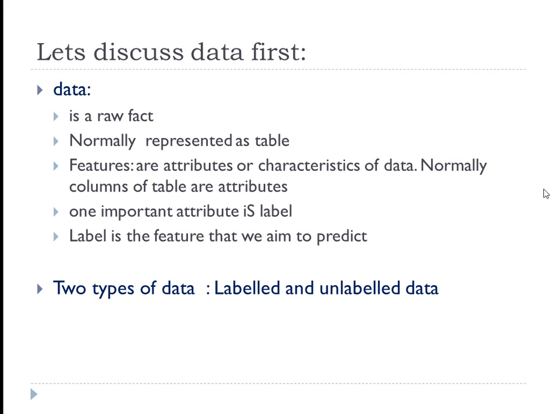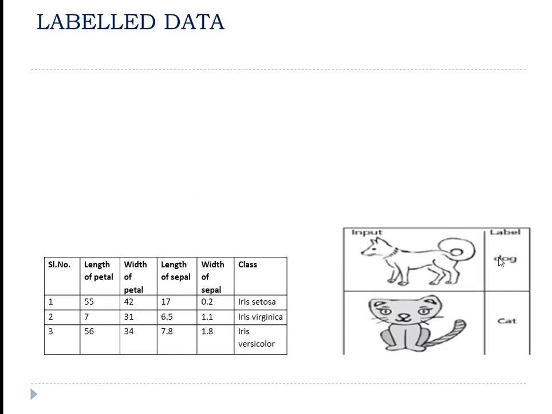Suppose I am trying to classify flowers, right? Let's say there are three types of flowers: iris setosa, iris virginica and iris versicolor. These are the various characteristics of the respective flowers: the length of the petal, width of the petal, length of the sepal and width of the sepal.